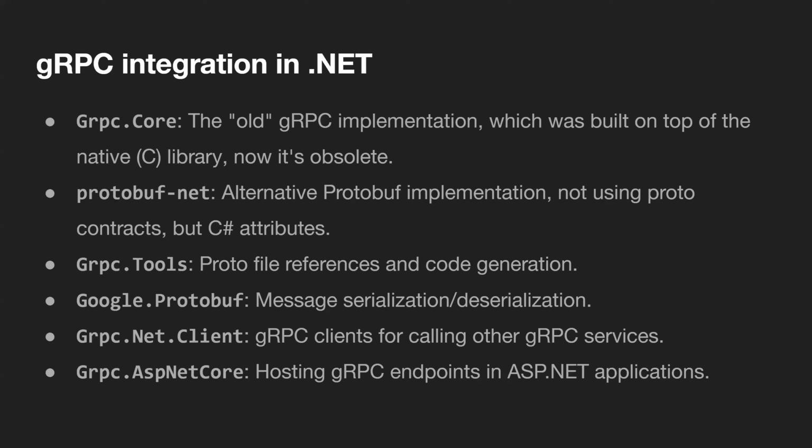Google.Protobuf gives you the message serialization and also a bunch of simple base types that are needed by the generated code. And then Grpc.Net.Client is for creating gRPC API clients, and Grpc.AspNetCore is for hosting gRPC services in ASP.NET.